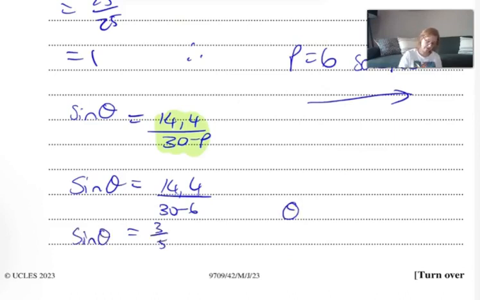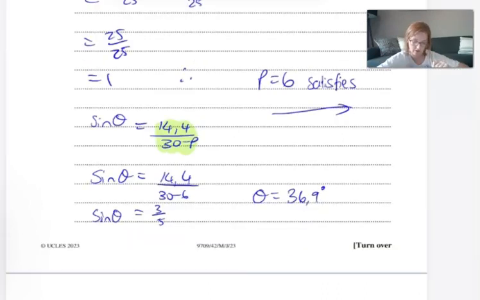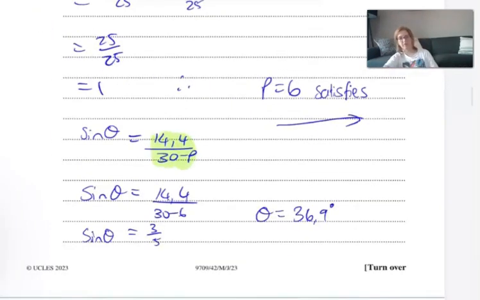And so my theta is going to then be my inverse sine. And that's going to give me a value of 36.8. Well, let's rather just say 36.9 degrees, because that would be rounding off to 1 decimal place. So in your mechanics exam, you need to round off degrees or angles to 1 decimal place.